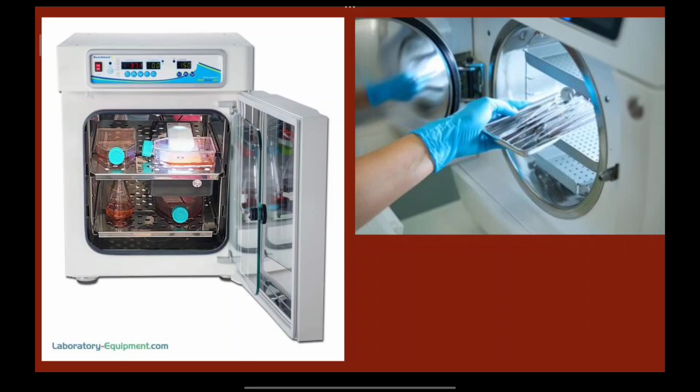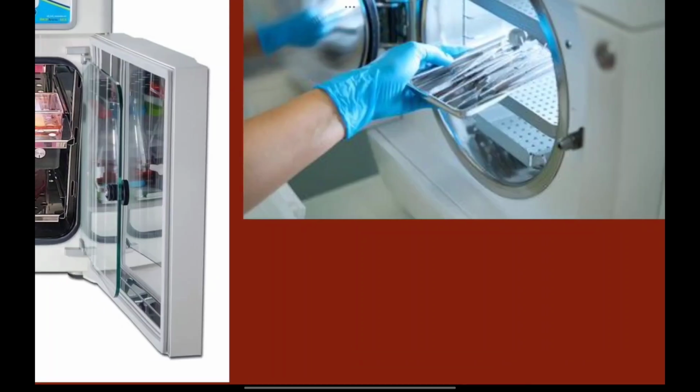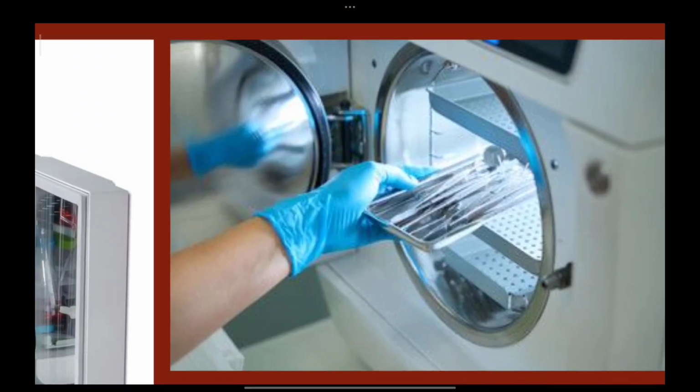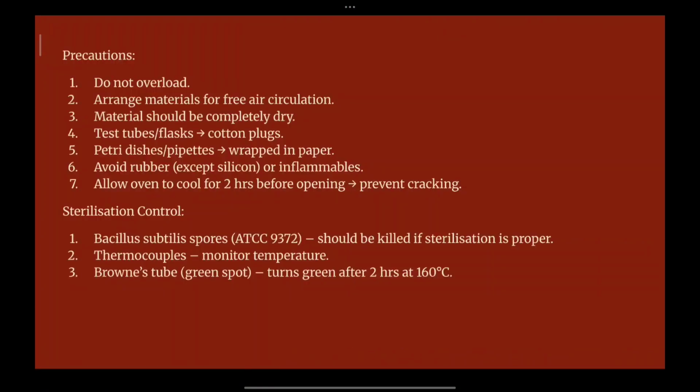These are electrically operated and consist of a fan inside for the uniform distribution of the hot air in order to sterilize through dry heat. So there is no moisture or water added to this. The air mixture is only heated and sterilized. You can see the surgical equipment is also kept inside a hot air oven for sterilization.